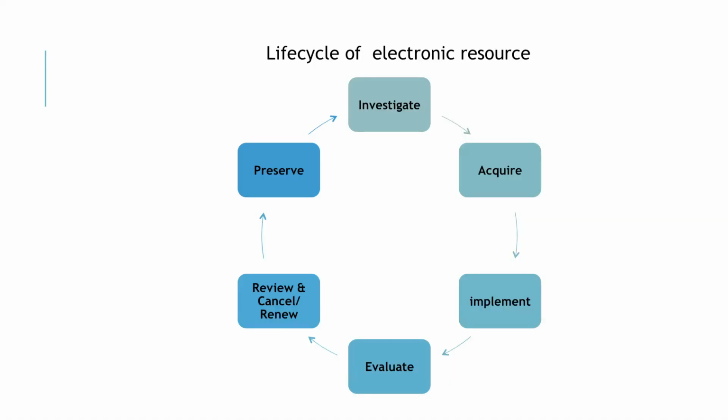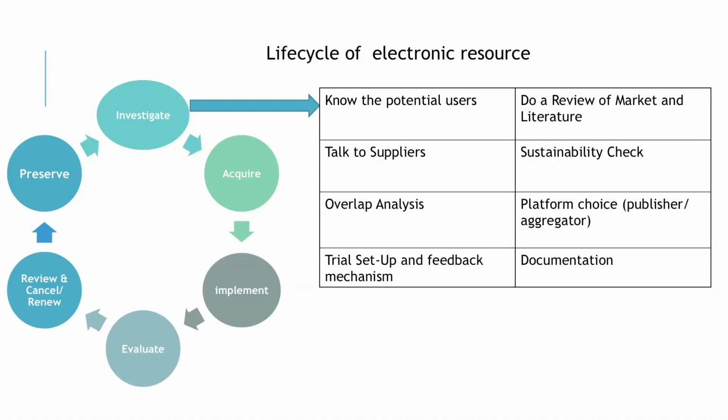You see, this is the life cycle of electronic resource management. It starts from investigation to preservation. In between, we have acquisition, implementation, evaluation, review. These are the basic steps involved. Now, in case of investigation, investigation is the first step of the electronic resource management life cycle.